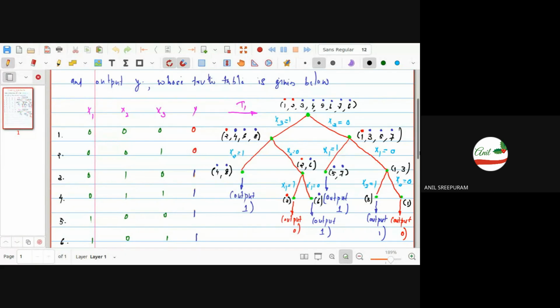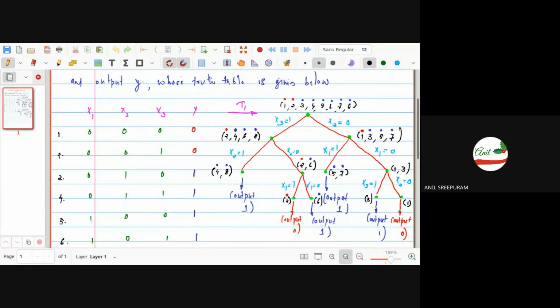At a later point of time, I will explain how you can use this. Instead, you consider the right path, x2 equal to 0, of the left child. Again, say 4, 8 is there, and there are 2, 6. And see, that data is not uniform. 2 is category 0 and 6 is category 1. So you will have to again do the classification based on the third feature x1.